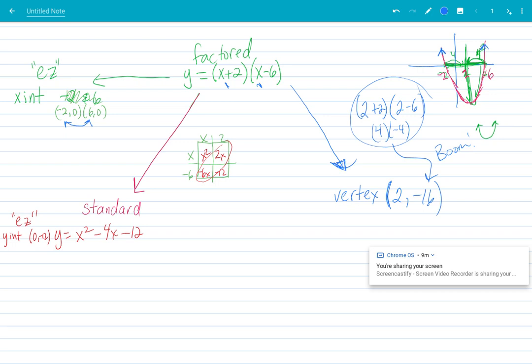Okay, so how do you find the vertex? You find the middle of the x-intercepts and you plug it in, right? Or you could do like me, find how far the middle is.